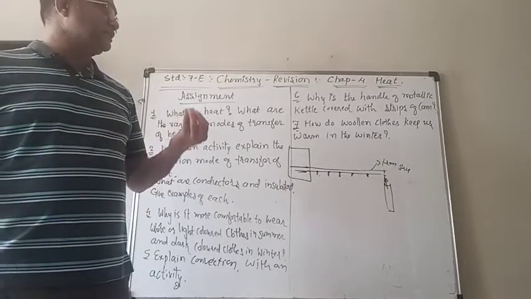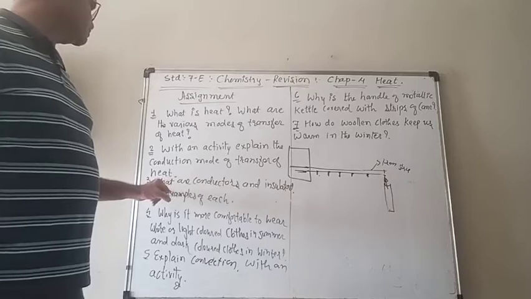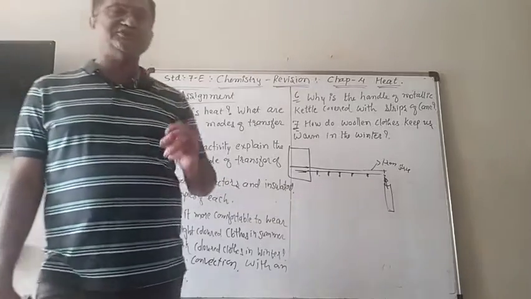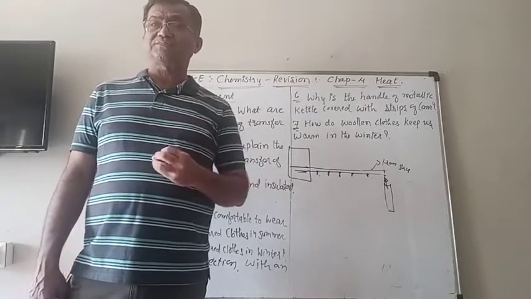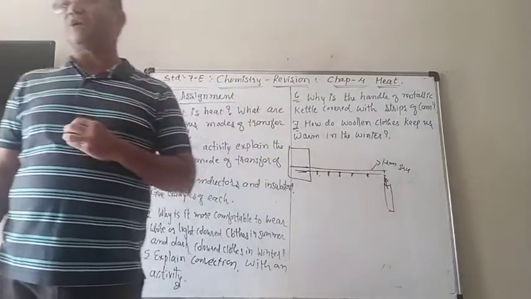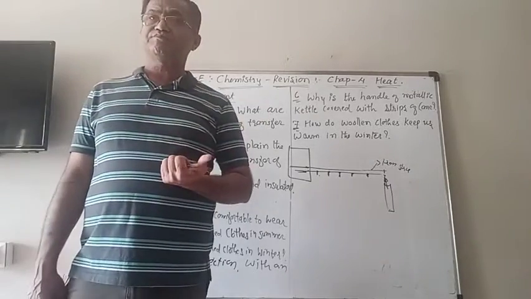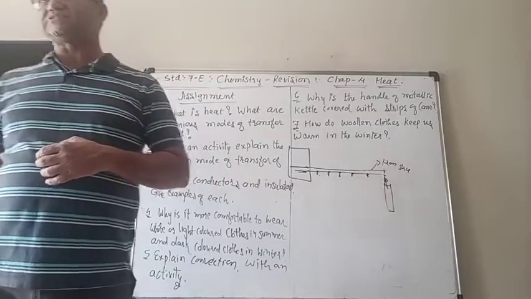So we can see that there are conductors and insulators. What are conductors and insulators? Give examples of each. Those materials which get hot by conduction of heat, meaning they transfer the heat by the mode of conduction, are known as conductors.